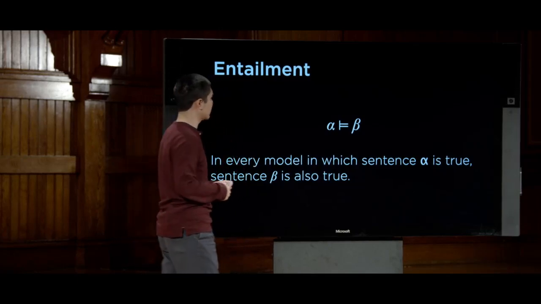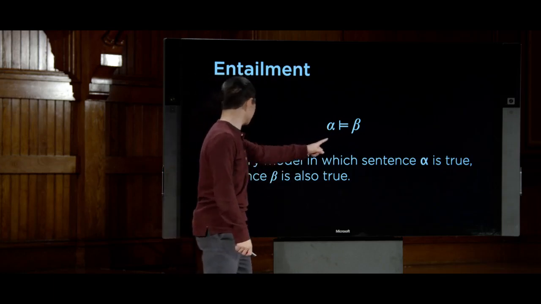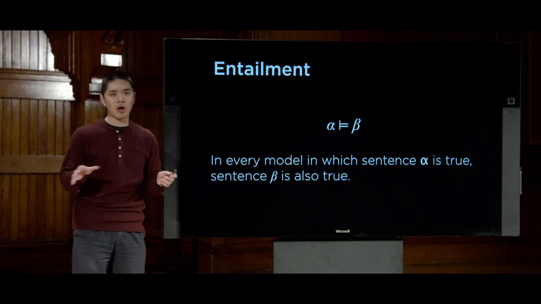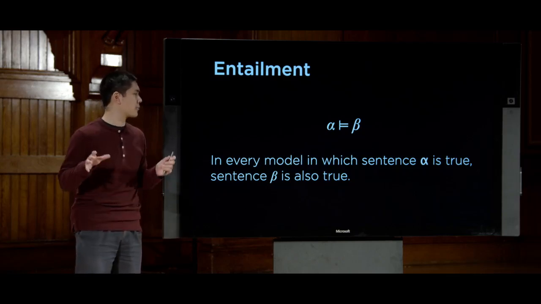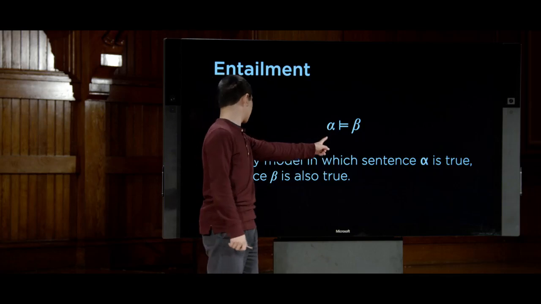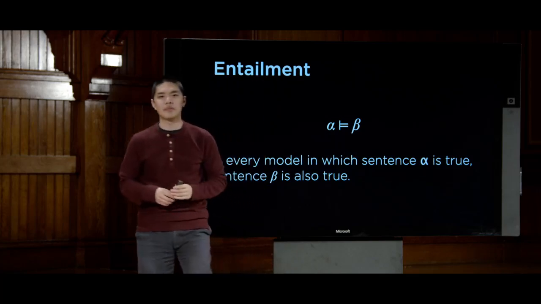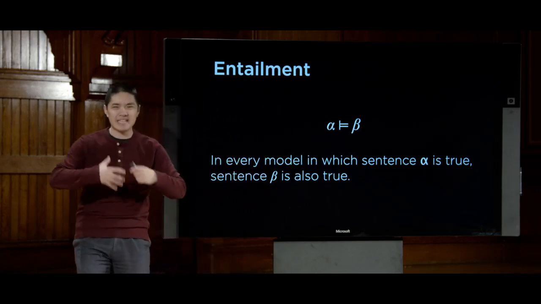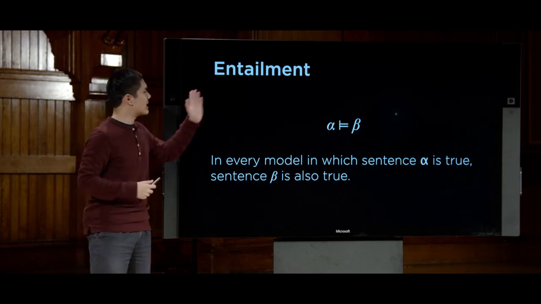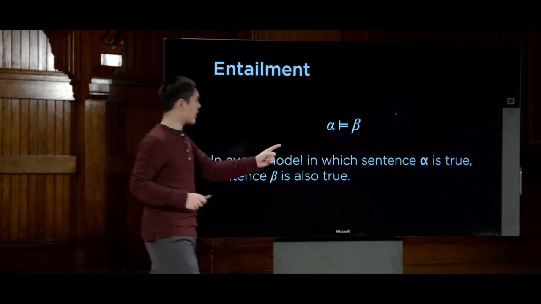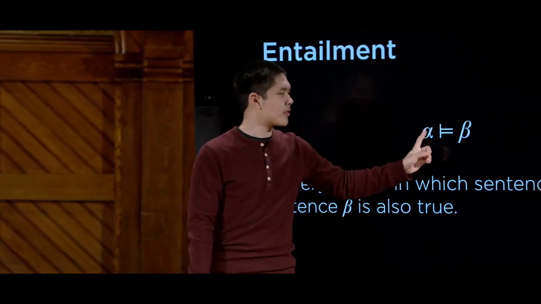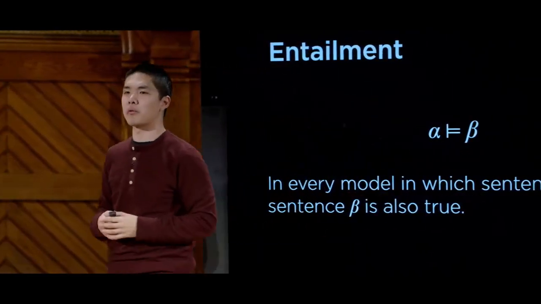What alpha entails beta means is that in every model, in other words, in every possible world in which sentence alpha is true, then sentence beta is also true. So if alpha entails beta, it means that if I know alpha to be true, then beta must therefore also be true.